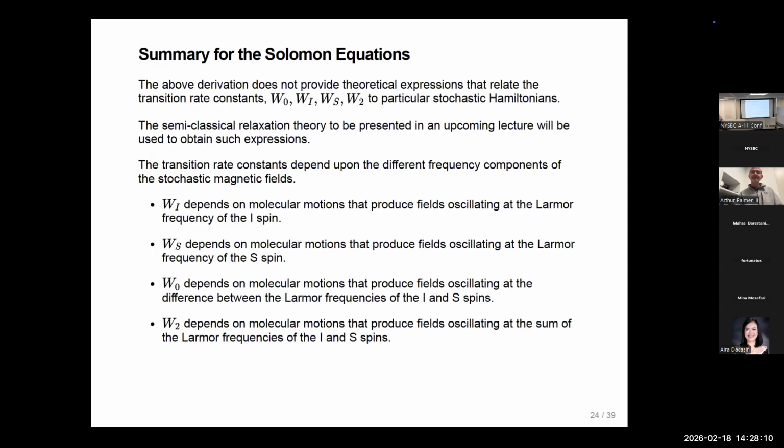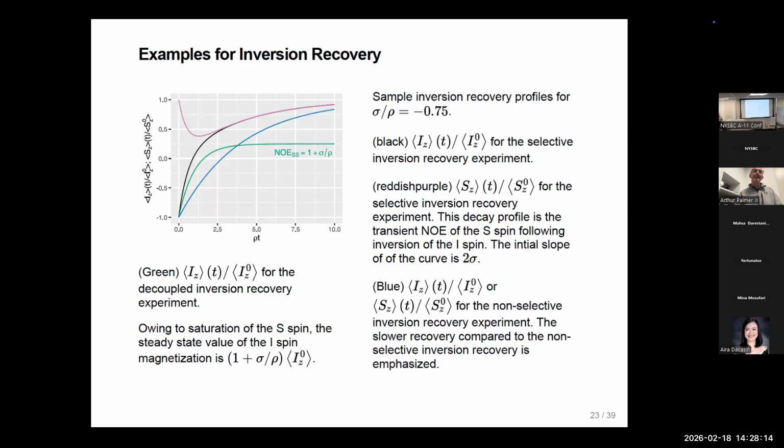Let's see. I have a question. In that graph, what is the difference between blue and green again? How does decoupling work? So for green, we've saturated the other spin.